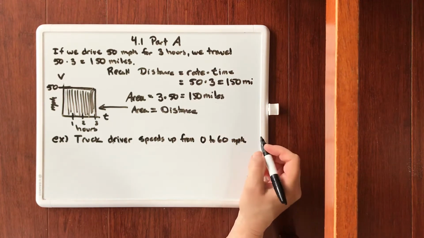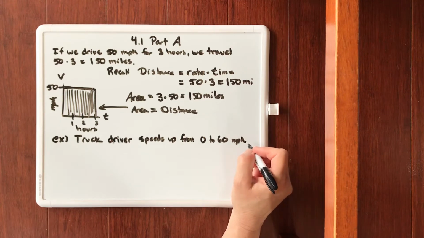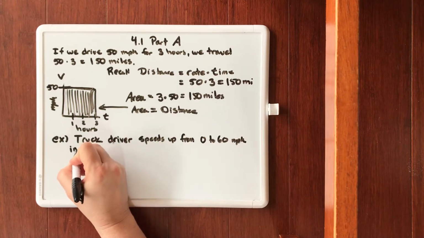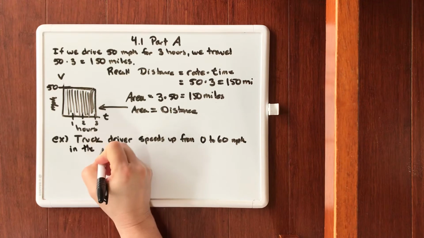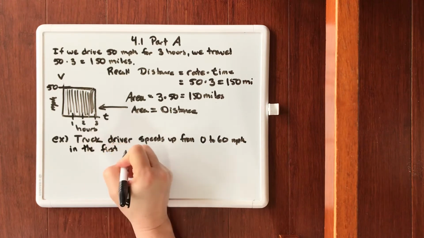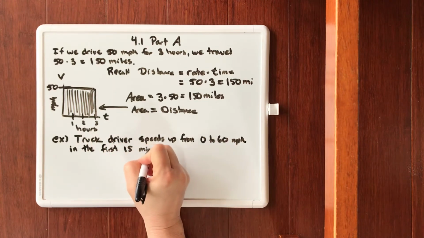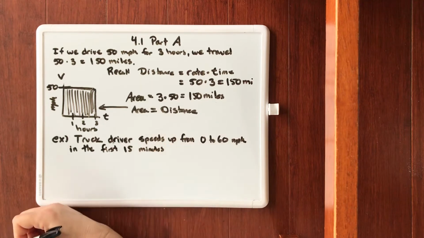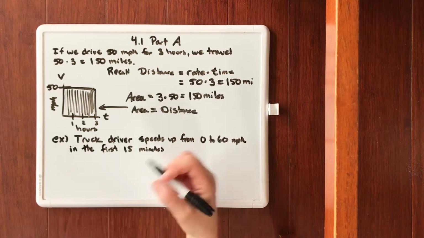And that happens in the first 15 minutes. Truck driver speeds up from 0 to 60 miles per hour in the first 15 minutes.